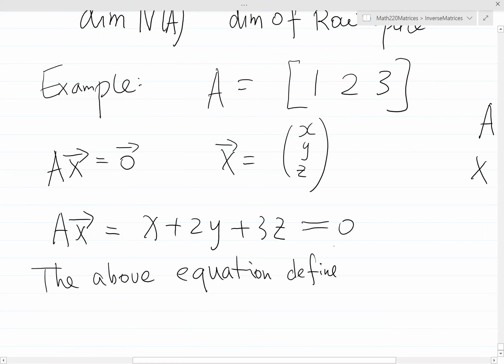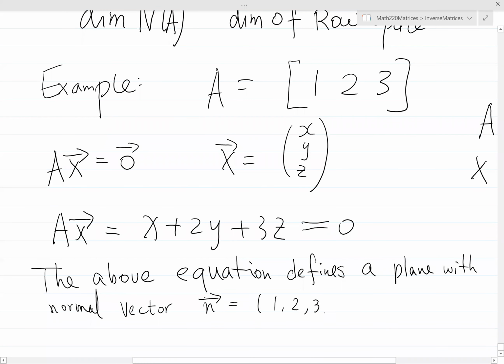So what is the null space? The null space is a plane through 0 with normal vector n equal to 1, 2, 3.